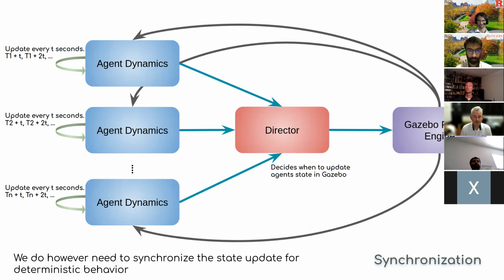In that case, you will see an abrupt jump of the distance as measured by the simulated laser sensor. That will introduce a spurious relative velocity estimation that comes out suddenly because of the asynchronous state update. So that's why we need synchronization.